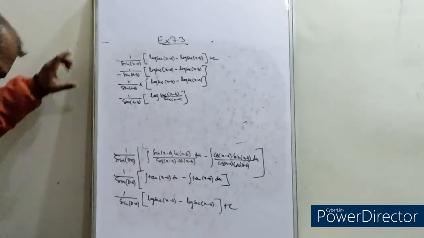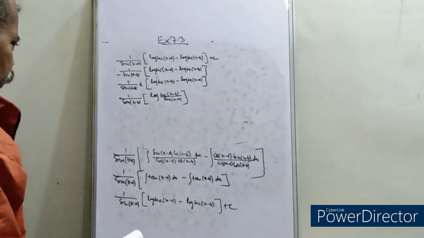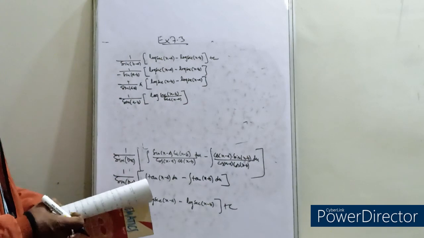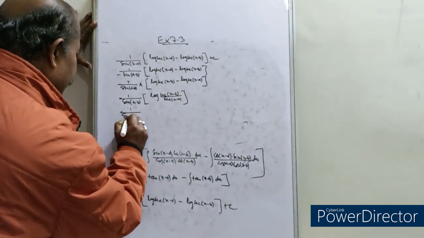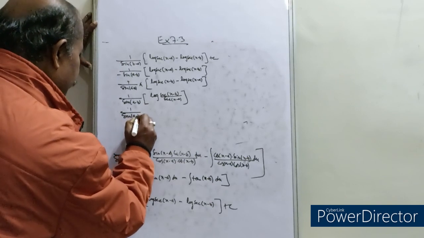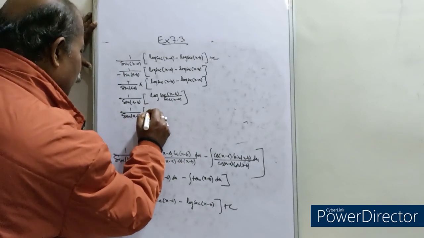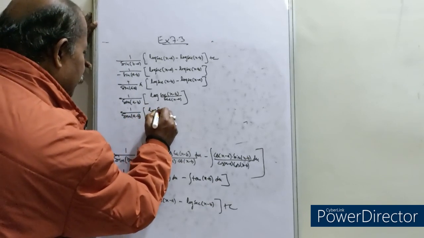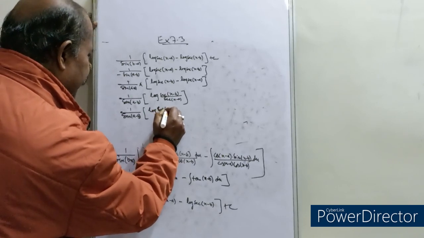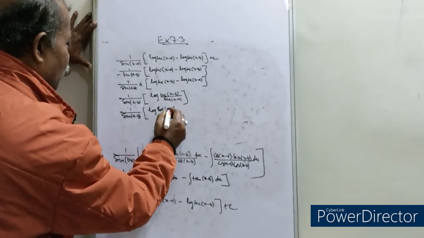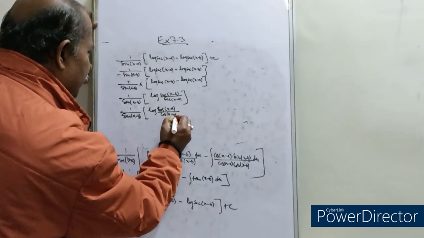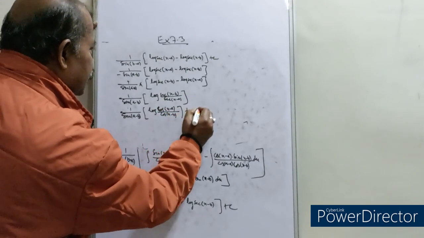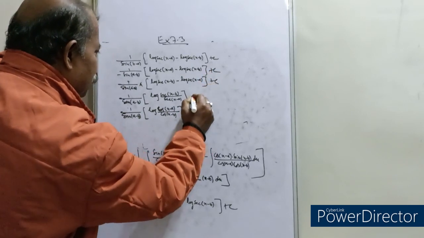Now instead of sec x, if you write 1 by cos, your answer will be 1 by sine(a minus b) log of cos(x minus a) by cos(x minus b), plus c.